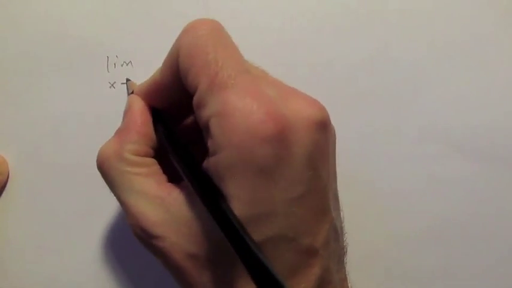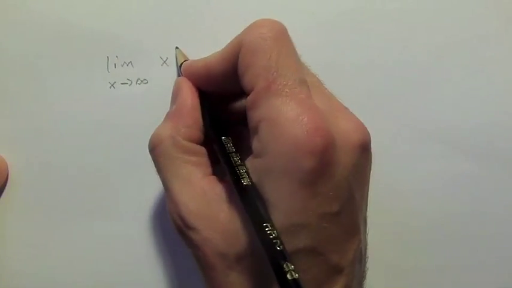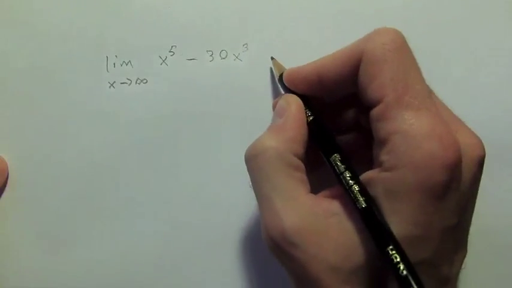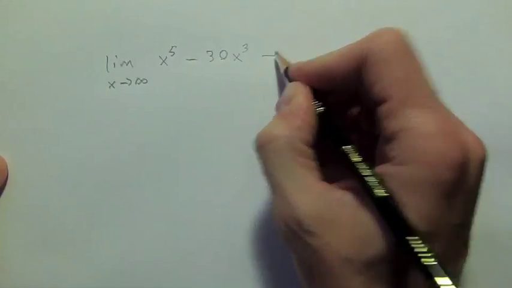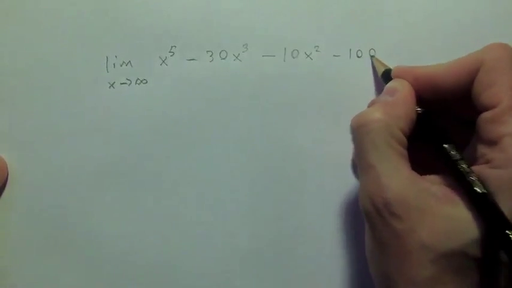What if it's something like, let's say, the limit as x goes to infinity of x to the fifth minus 30x cubed, minus 10x squared, minus 100x.